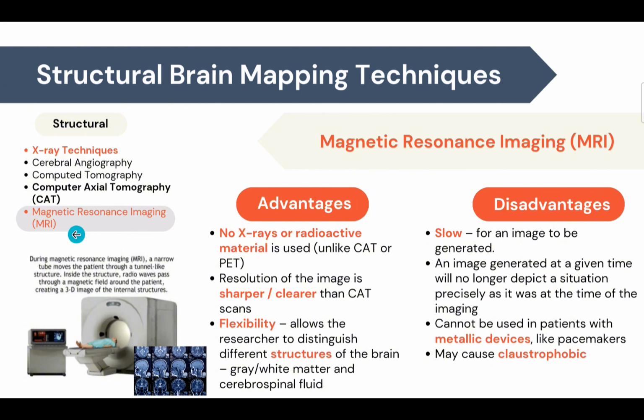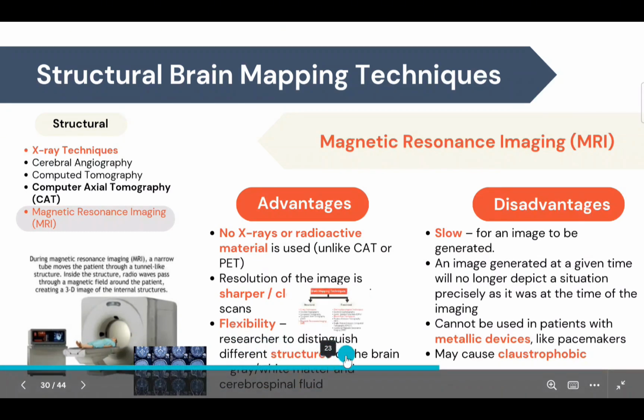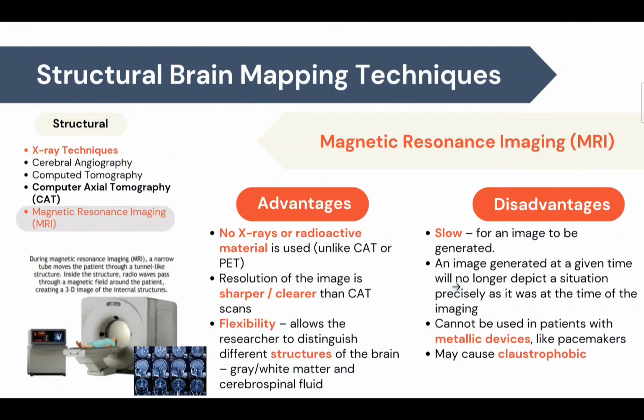The MRI is not part of the X-ray, meaning it doesn't have radioactive material. The resolution of the image is sharper when compared to the CAT scans, and the flexibility allows the researcher to distinguish different structures of the brain, the gray or white matter and cerebral spinal fluid.